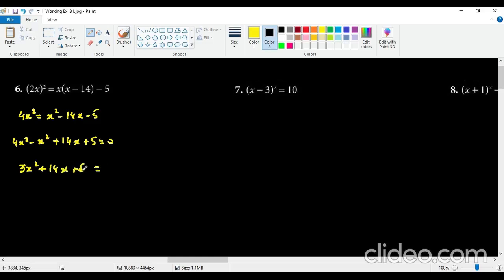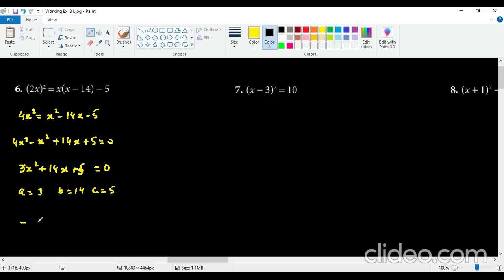Now this 5 is multiplied by 3 to give you 15, and the factors of 15 are not going to give us a 14. So that's why we are going to use the quadratic formula. Quadratic formula says that a equals 3, b equals 14, and c equals 5. So these are the three values we are going to use in the quadratic formula.